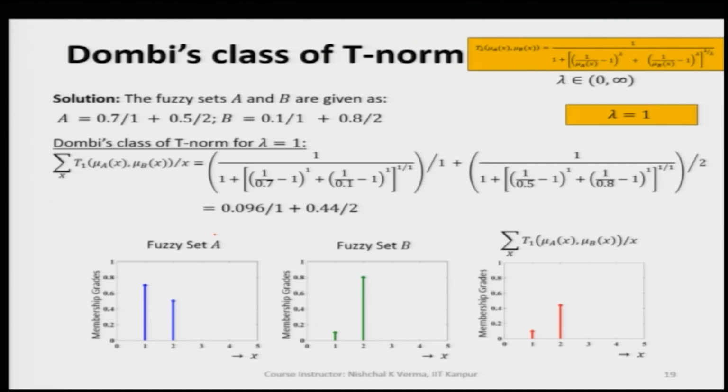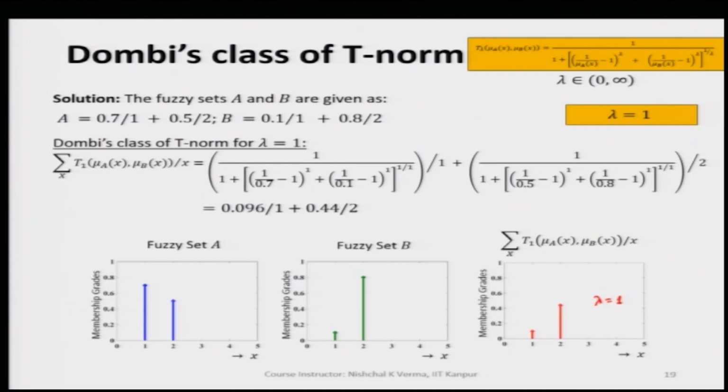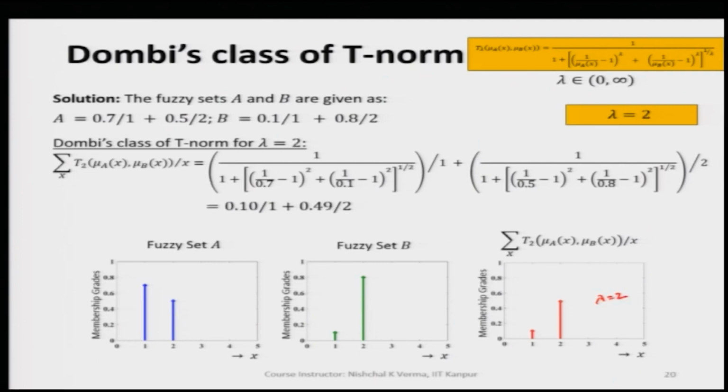While we took the Dombi's class of T norm, we have lambda, and this is for lambda is equal to 1, and when we increase the value of lambda here to 2, we see that the membership values of the corresponding terms of the resulting fuzzy set out of the intersection of fuzzy set A and fuzzy set B increase.